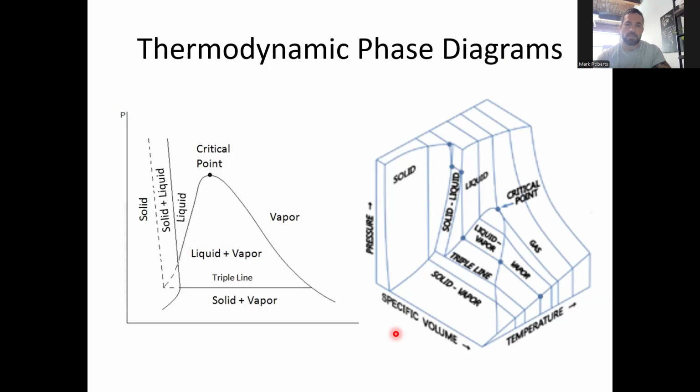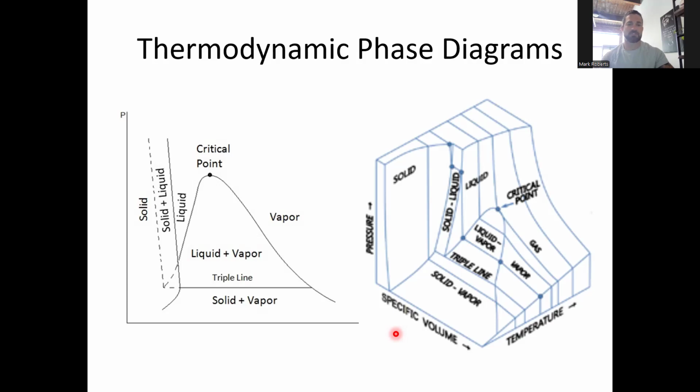For these different processes, maybe except for the Carnot cycle or the Rankine process, in some of these other heat to work processes, we use the phases of matter. Every material, and we can talk about it with respect to water, but water or other compounds will have a thermodynamic phase diagram.